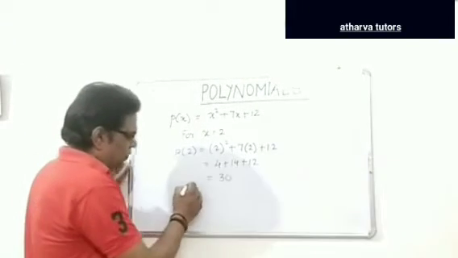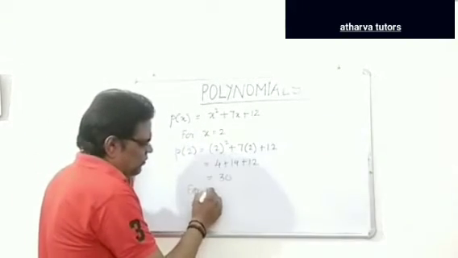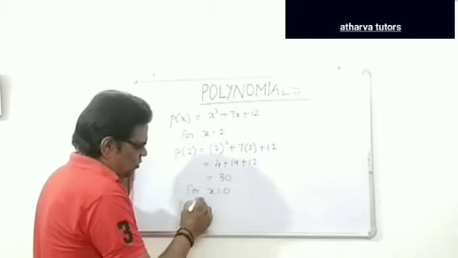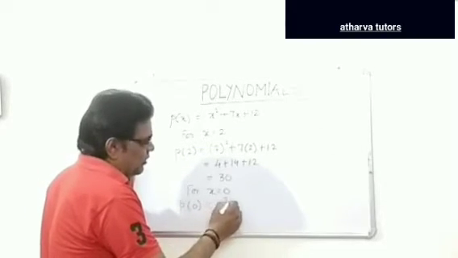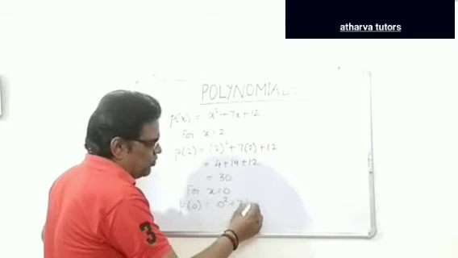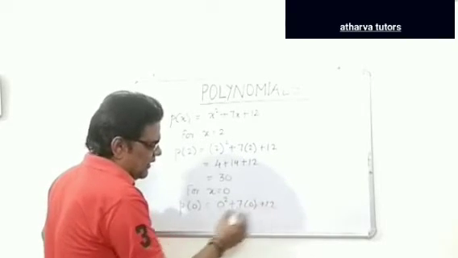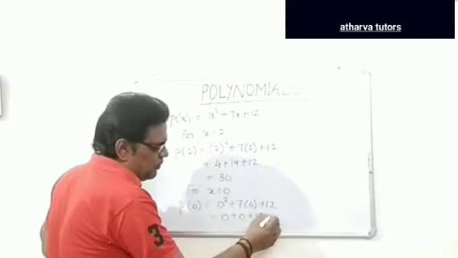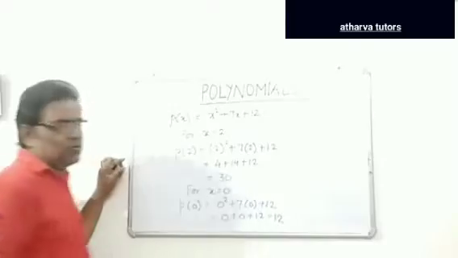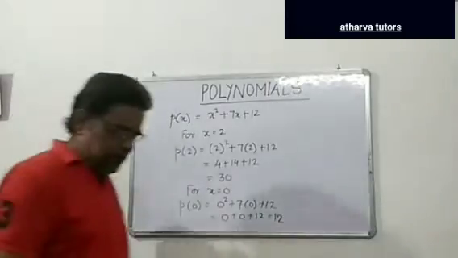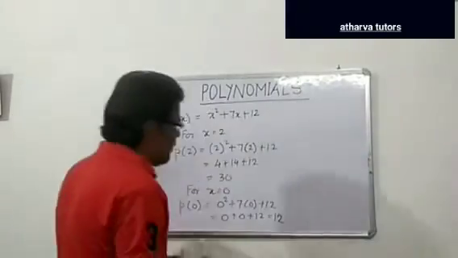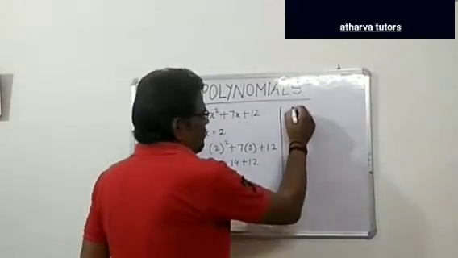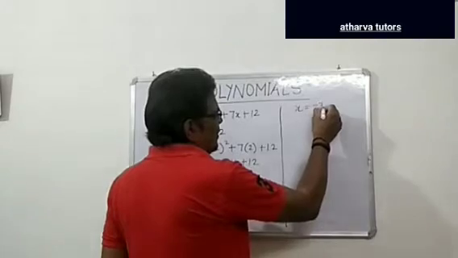Then for x equals 0, p(0) used to be 0 square plus 7 into 0 plus 12. That is this 0, this 0, this 12. The answer was 12.